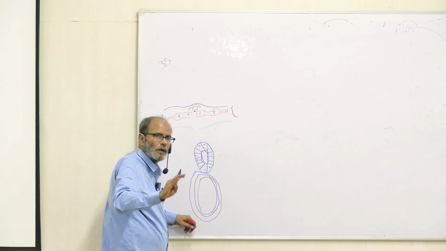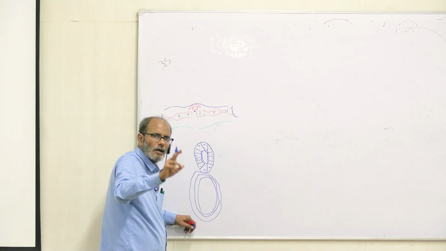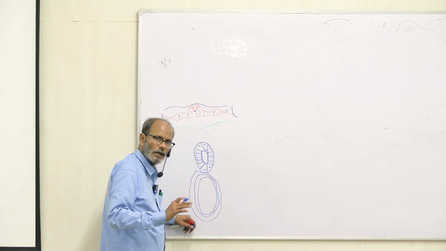The neuroblast gives rise to the neurons and the spongioblast gives rise to the astrocytes and oligodendrocytes, like the Schwann cells in the peripheral nerve, right?